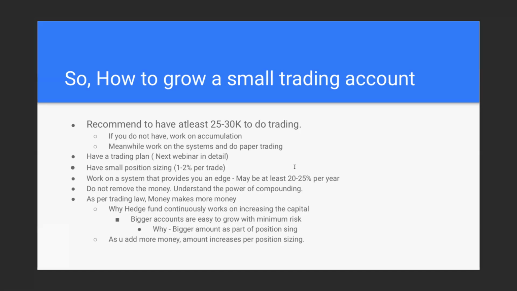The second most important thing is have a trading plan, guys. This is very critical. We are going to cover this in detail in the next webinar. What does a trading plan need to have? For example, it needs to have your contingency disaster plan. Let's say you have an emergency. For example, let's say someone in your family, I don't mean to say that, but someone in your family met with an accident and you have like 5 open trades set up.